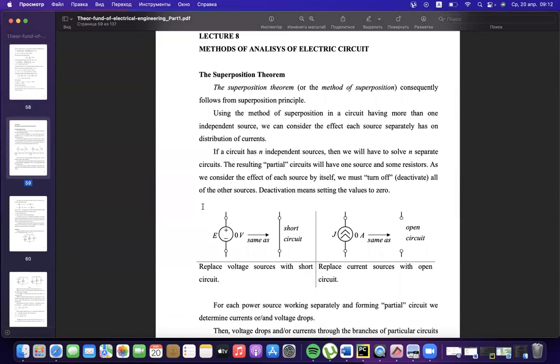Here it is, the superposition theorem. It tells us that if our electrical circle is linear, then our sources of energy work independently.